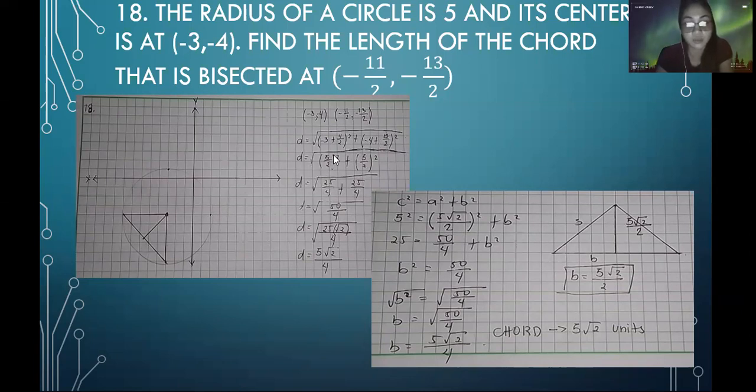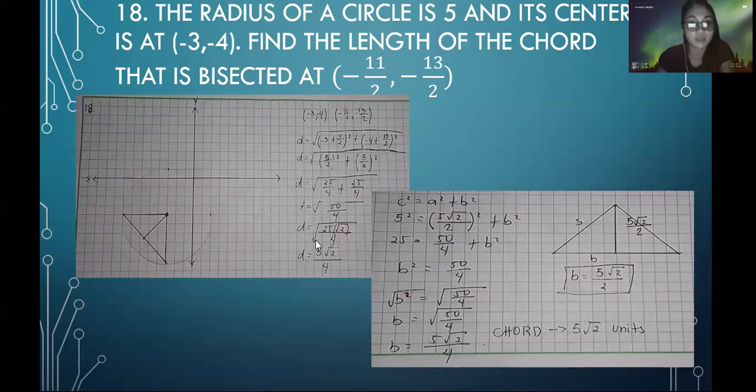So d is equal to positive 5 halves squared plus 5 halves squared. So d is equal to 25 over 4 plus 25 over 4. So d is equal to the square root of 50 over 4. So first we are going to factor 50.